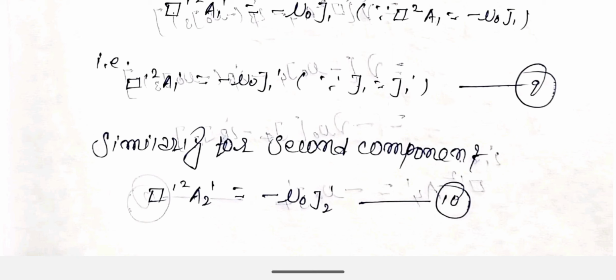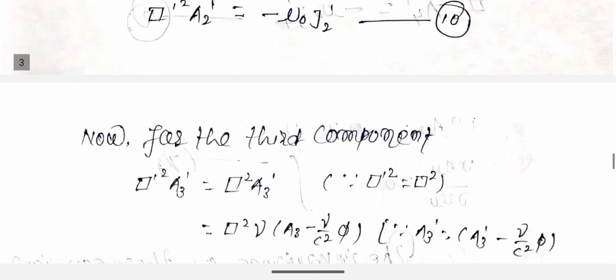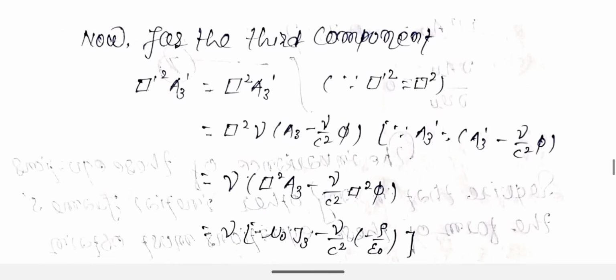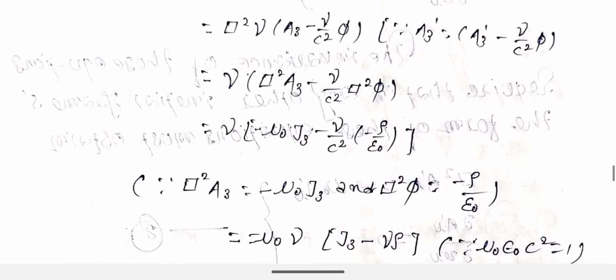Similarly, for the second component, box dash squared A2 dash is equal to minus mu naught J2 dash. This is equation 10, friends. Now for the third component, box dash squared A3 dash is equal to box squared A3 dash, which is equal to box squared gamma A3 minus gamma v by c squared phi, which is gamma box squared A3 minus gamma v by c squared box squared phi, which is gamma minus mu naught J3 minus gamma v by c squared minus rho by epsilon naught.